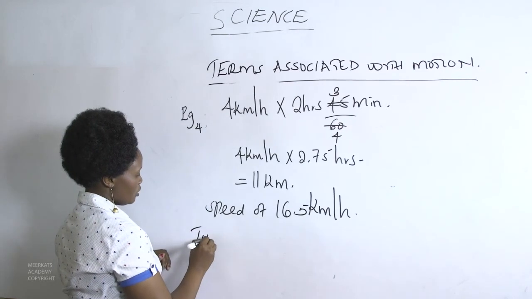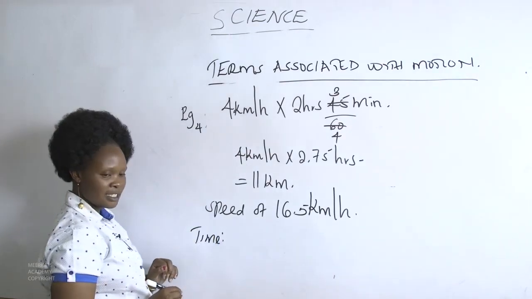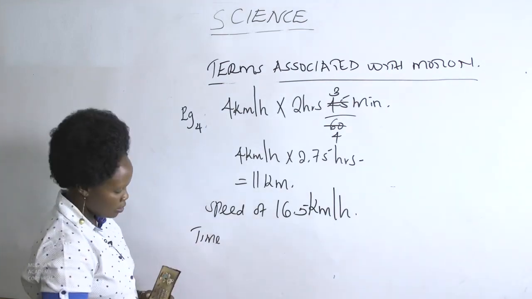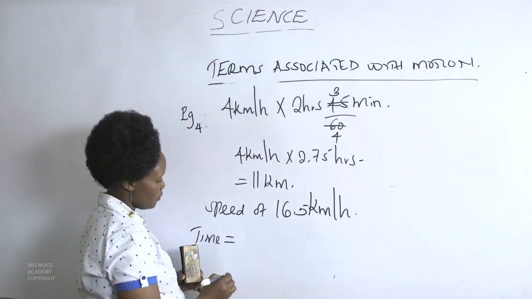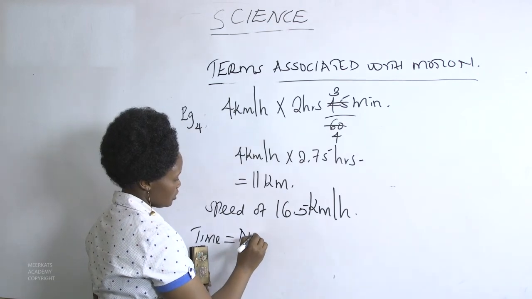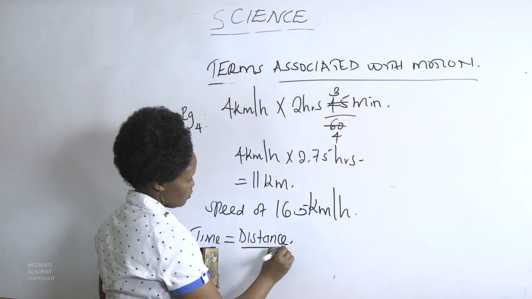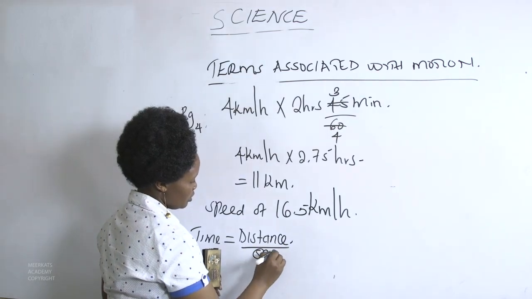Therefore, we want now to get time, and the time is given by distance over speed.